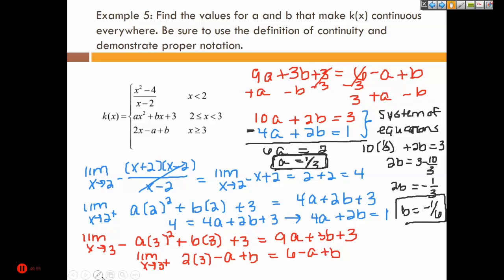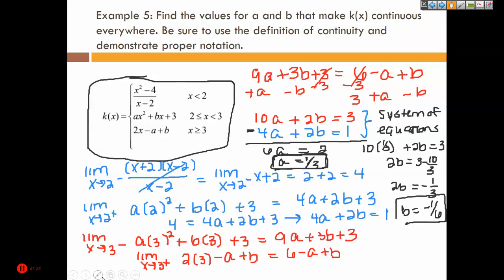No, it's okay. So technically, I know what you're saying. You're saying that one was from the left-hand limit for 2 and the right-hand limit for 2, and the other one was from the left-hand limit for 3 and the right-hand limit for 3. But at the end of the day, both came from the same k of x. If one was from k of x and one was from an f of x, then you're 100% right.